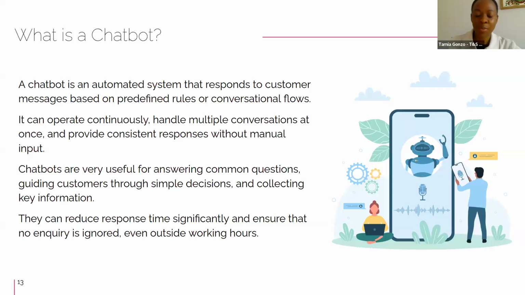The key advantage is that it runs continuously, it doesn't need breaks, and it can handle multiple conversations at a time. It's great at answering common questions and guiding the customers through simple decision making processes. So instead of you doing it again and again, our opening hours are 8 till 4, our opening hours are 8 till 4, the chatbot can do that without getting tired or irritated.